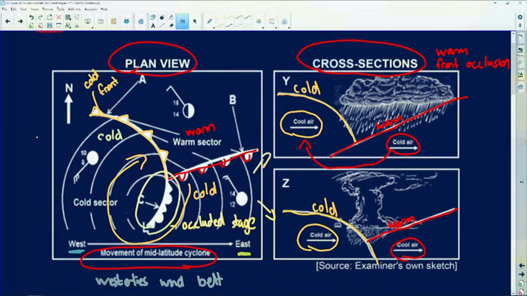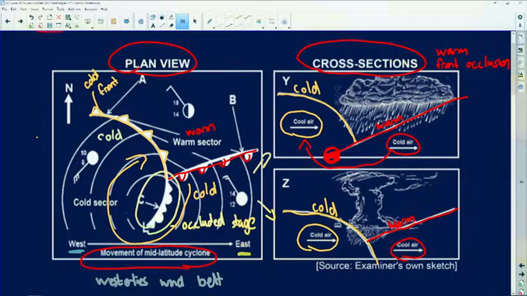So what happens over here? The warm front attaches itself to the surface, right? Because when we look at air, where will we find the coldest air? Closest to the surface, because it's more dense, it's heavier, right? It sinks much faster. So the coldest air will be closest to the surface.